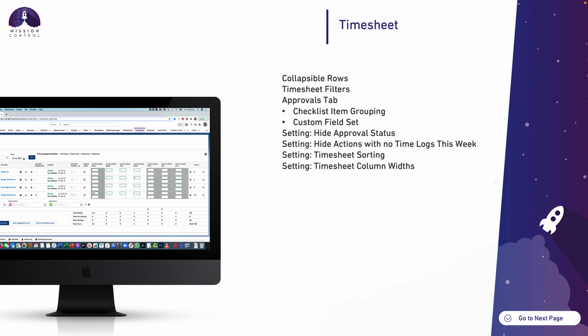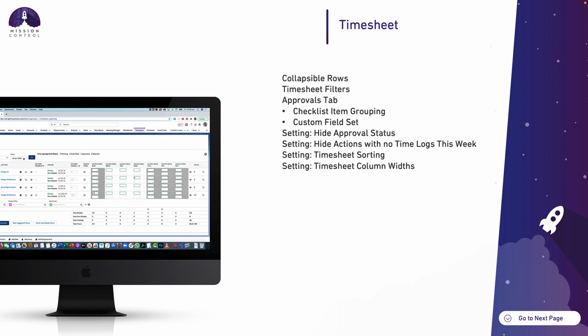So if you're not using the approvals, then you can declutter the timesheet by hiding those approval status fields. You've also got a setting to allow yourself to start the week with a blank timesheet. So if you haven't yet logged any time against an action, then that action will not appear on your timesheet.